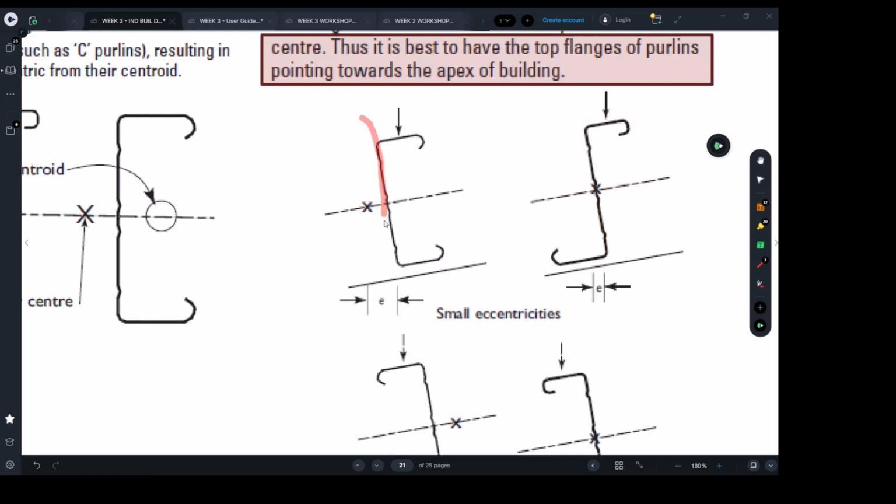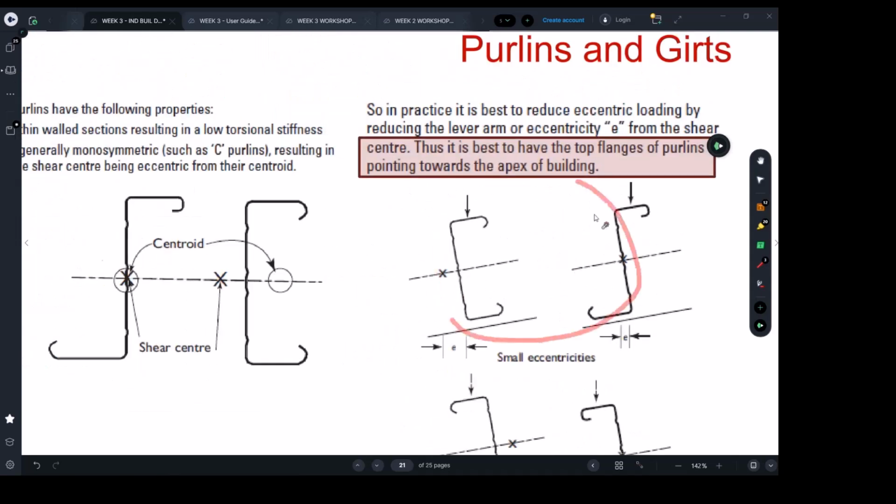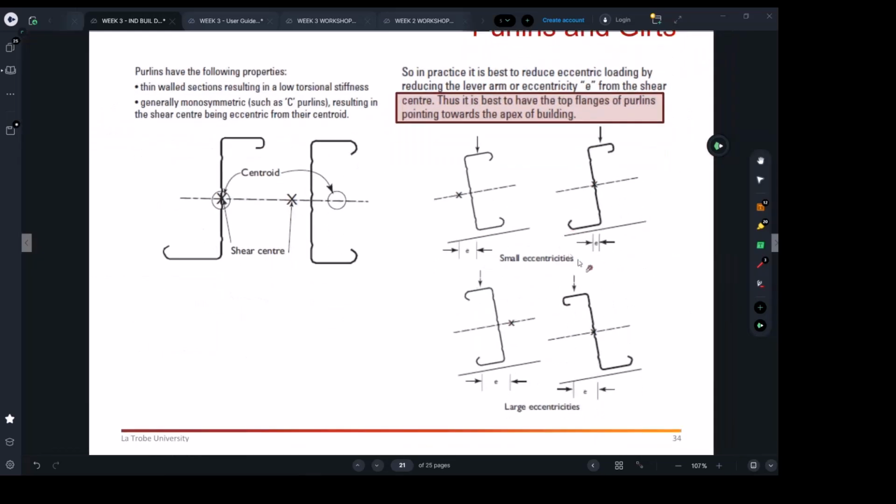But the problem with the C channel, both of its flanges are facing one side, so its centroid is always in an odd location. What does this mean? You're going to have larger eccentricity between the line of action and the centroid. That will cause more stresses on your section.